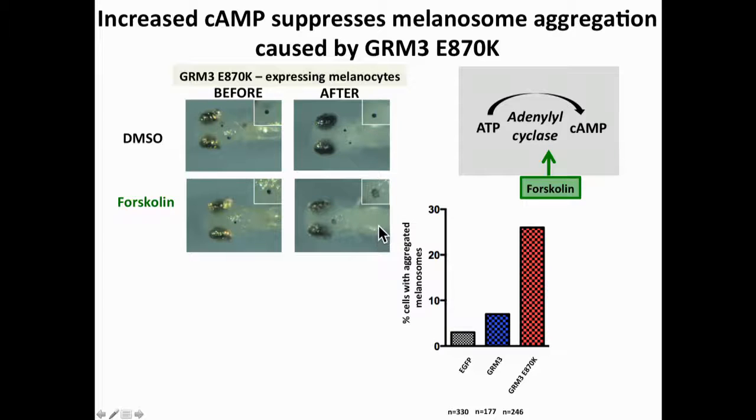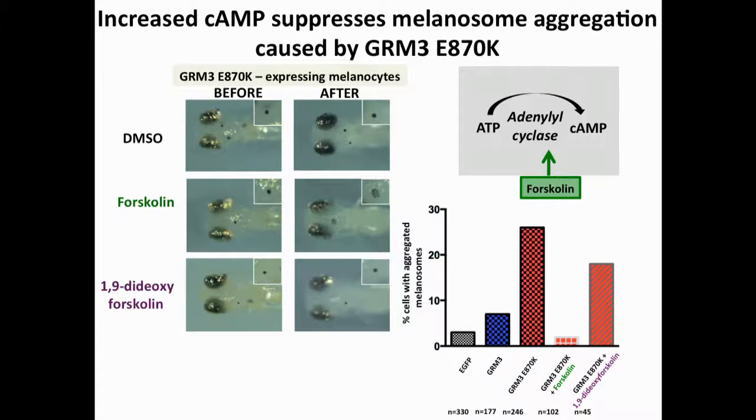When we add the forskolin to our E870K derived melanocytes, after treatment we could see melanosome dispersion, so the pigment was spread throughout the melanocyte. But when we used an analog of forskolin that acts in the same different pathways that forskolin does, except adenylyl cyclase, so it is not able to increase cyclic AMP levels, we were not able to see a rescue of the melanosome aggregation.